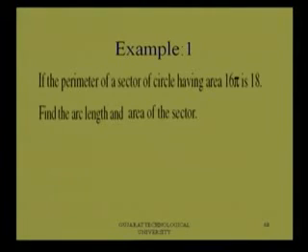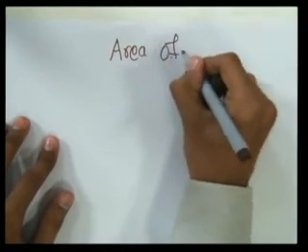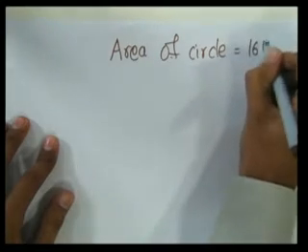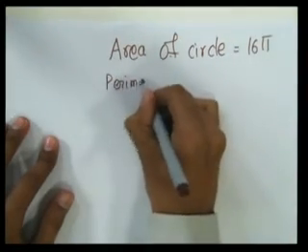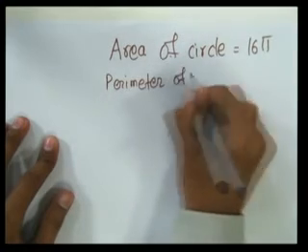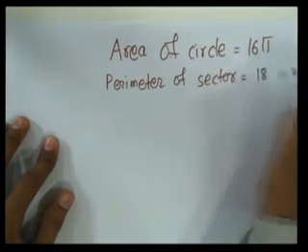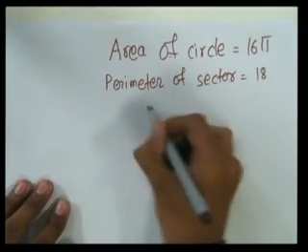Here the area of the circle is 16 pi and the perimeter of the sector is 18. It is given, and we know the area of a circle is pi r square.